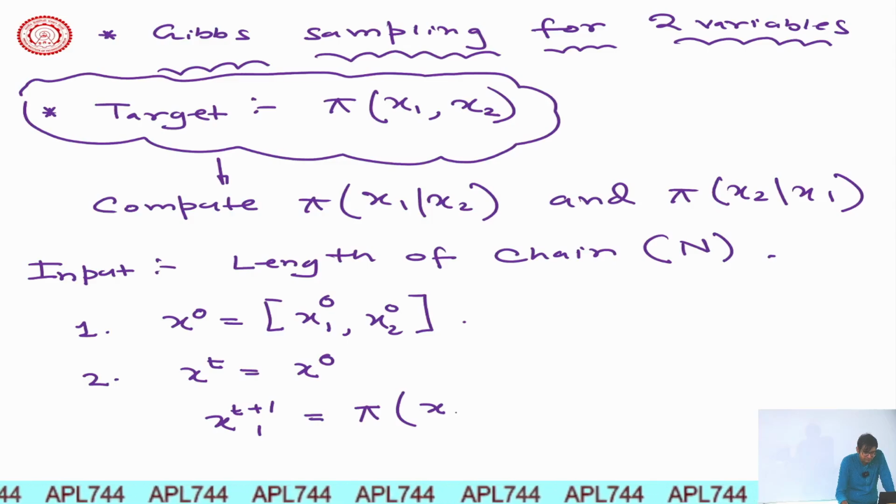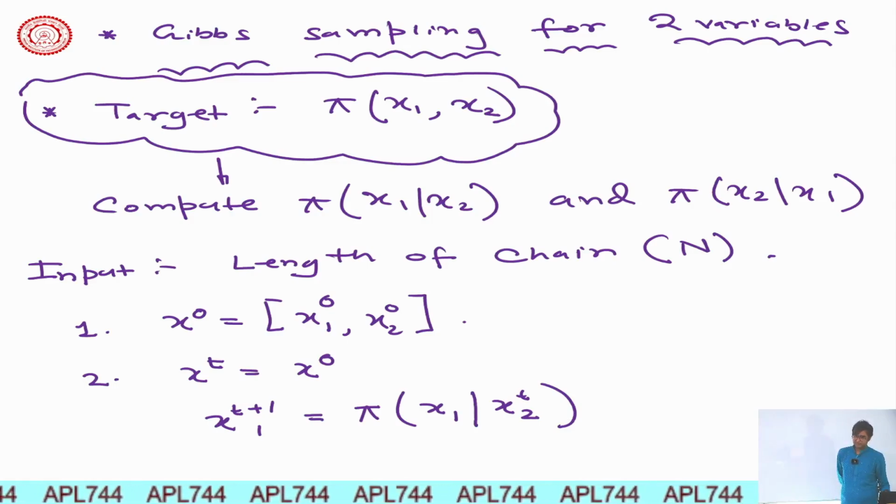You draw x1 given x2^t. This conditional I have already assumed is known to me. Whatever you see in the superscript basically denotes the chain number. That's all it does, so that has no meaning actually.